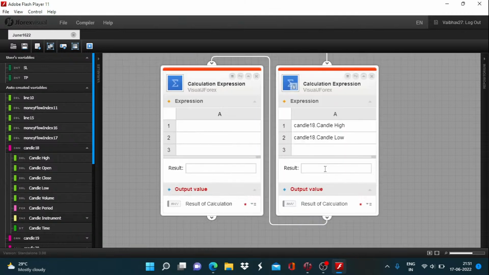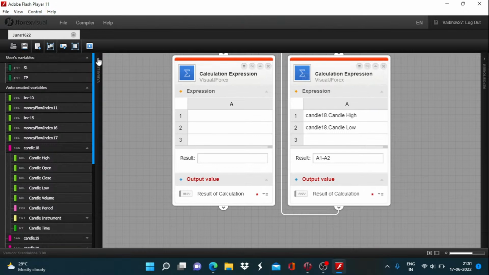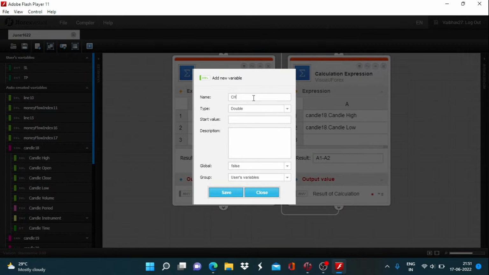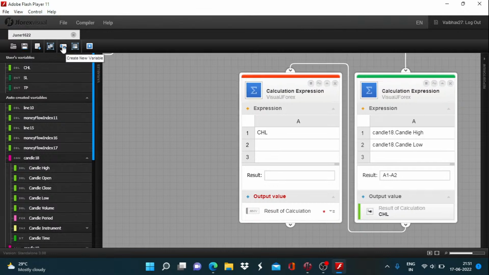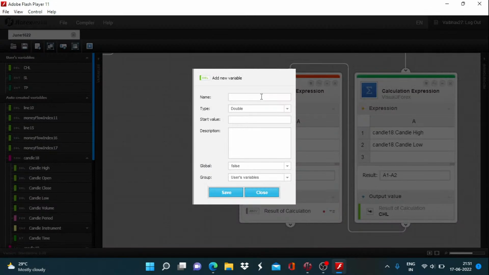So as per Excel convention, it is going to be A1 minus A2, and this result will be high low difference, and we take this difference and multiply it with 10 raised to the power 4, as Euro USD has 4 decimal points and we have to use the integer data type, so we need the pip conversion done from decimal points to integers. So it will have a value of 10,000.